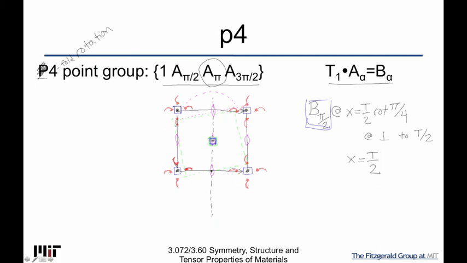Actually, it should be this one here, I think. But you get the point, which is that there's a fourfold symmetry about this central one.